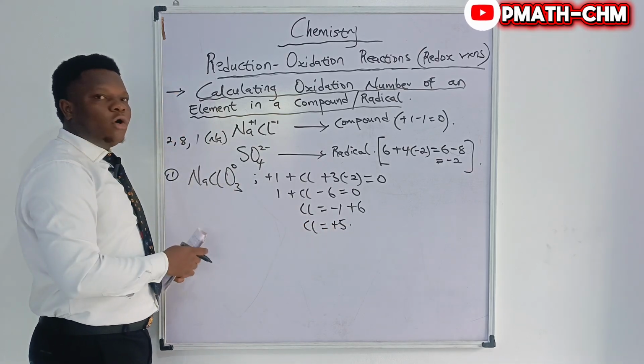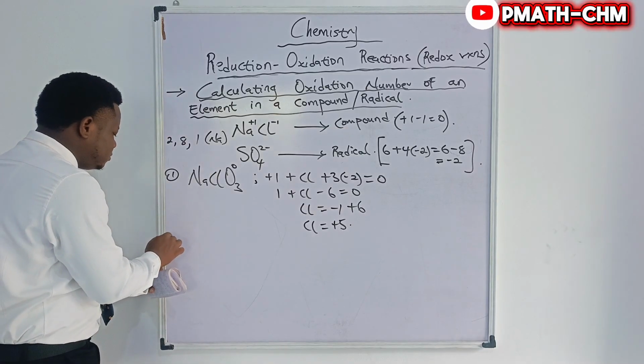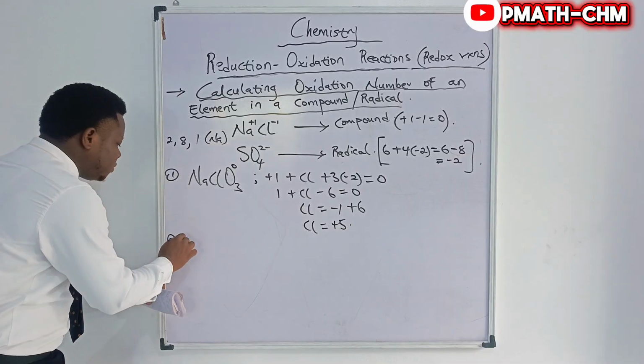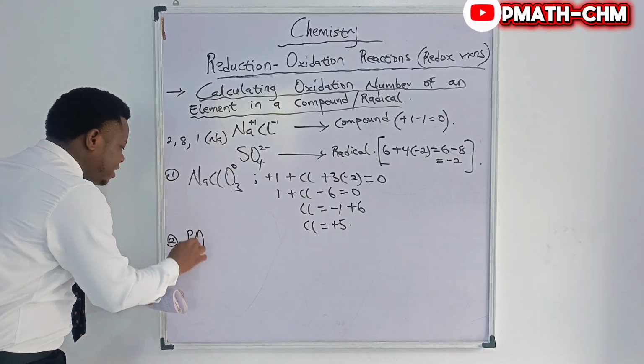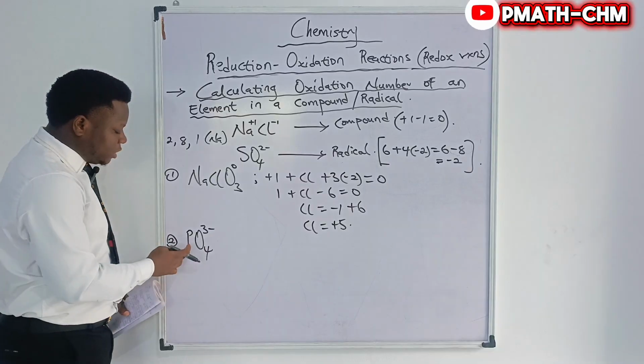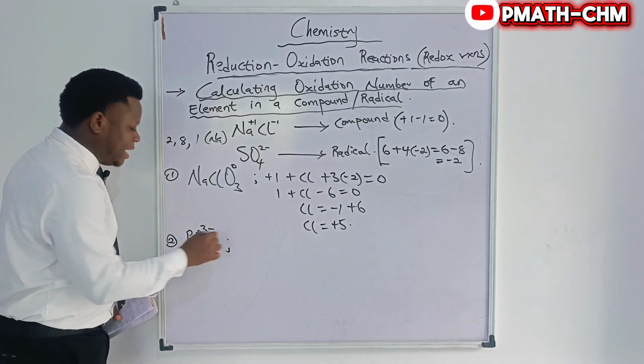Let's do an example on a radical. If I should ask you to calculate the oxidation state of phosphorus in PO4 3-, what is the oxidation state of phosphorus in PO4 3-?